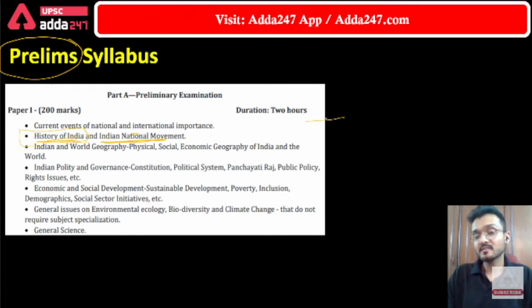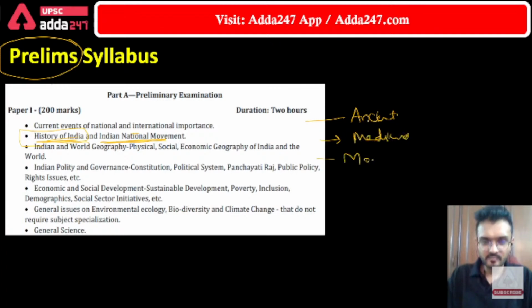UPSC has not defined whether it contains ancient history, whether medieval history has to be read by the student, and modern history. UPSC has just written the history of India. So it is very difficult for the student to decode what exactly the syllabus is.